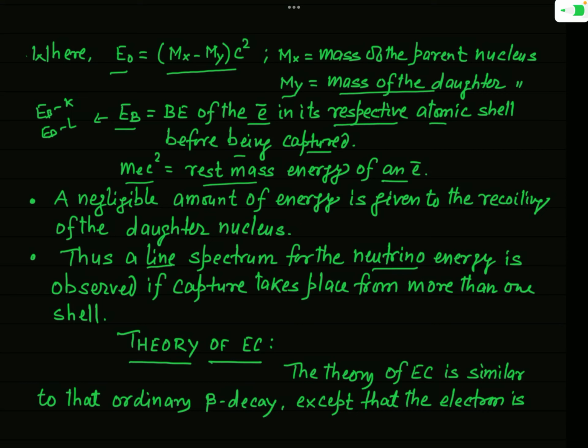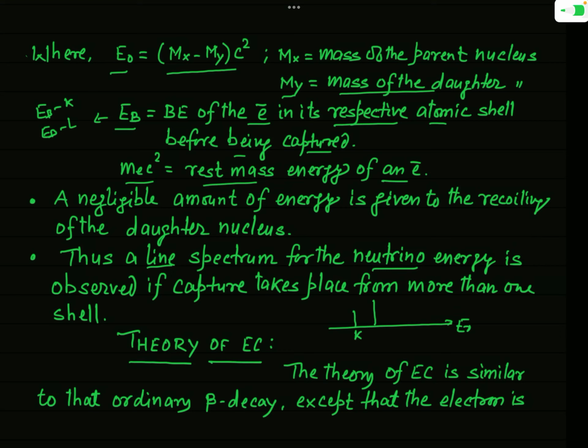You can see if we represent the energy of the neutrino on this line, let us say E nu, then for the K capture it will in fact be the smallest. For L, that will be greater than that of the K cell.